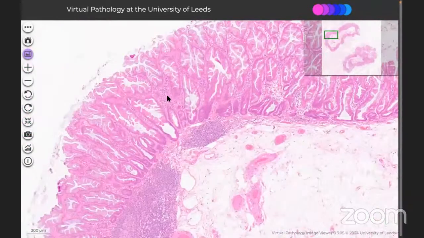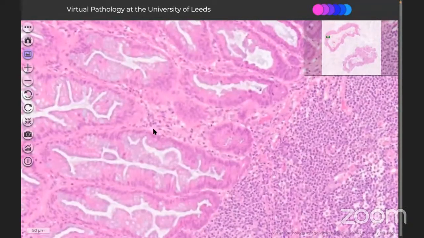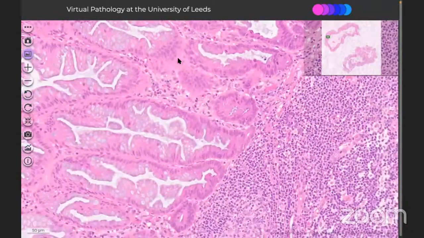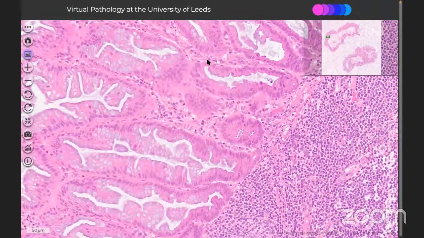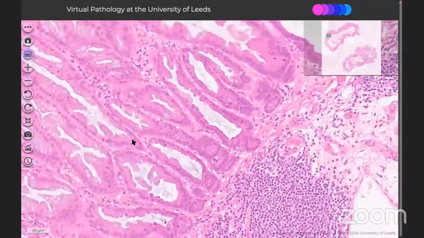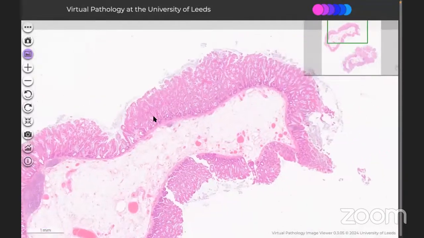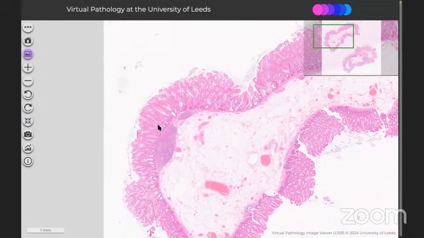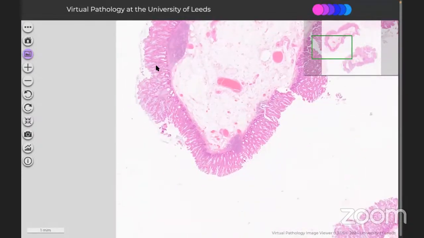Okay, so this is a serrated lesion, and if we go down to the degree of dysplasia, we see very low dysplasia in this lesion. So we know that this is a serrated lesion, known as sessile serrated lesion, and this is actually in a spectrum of serrated lesions.